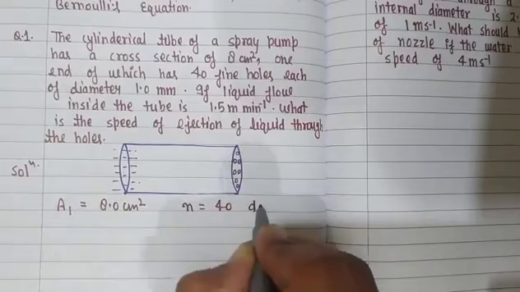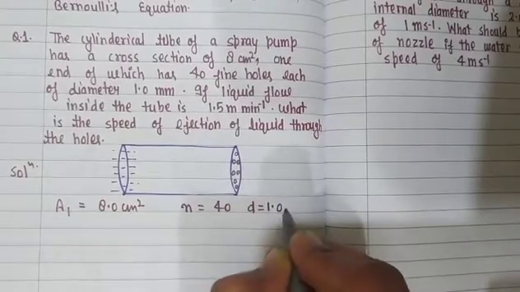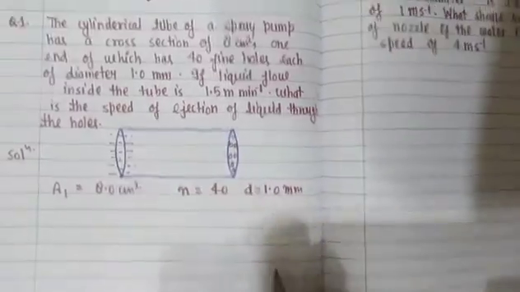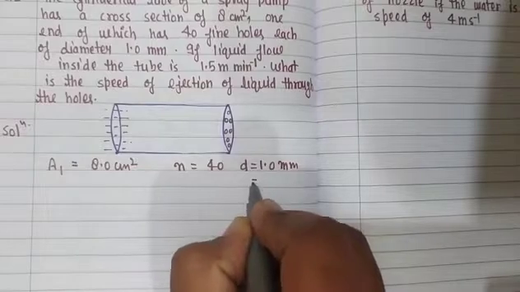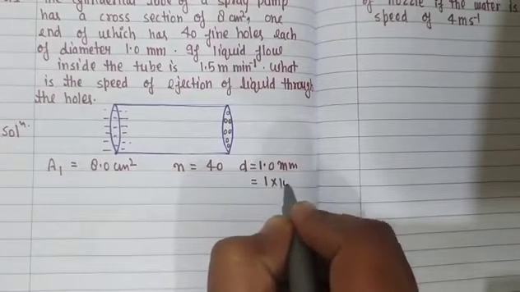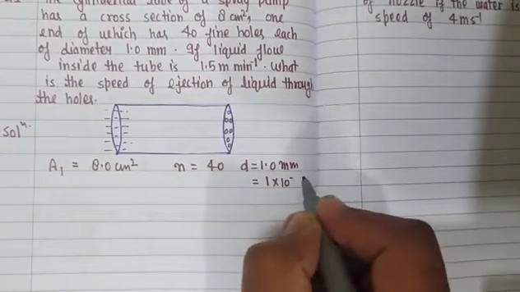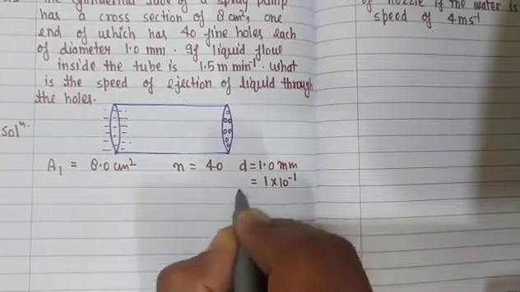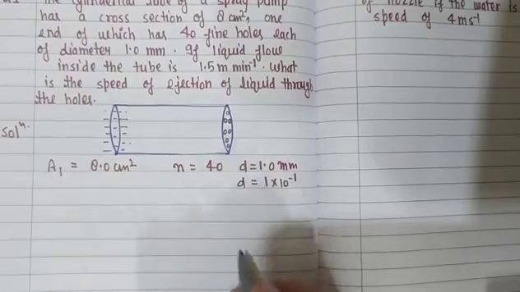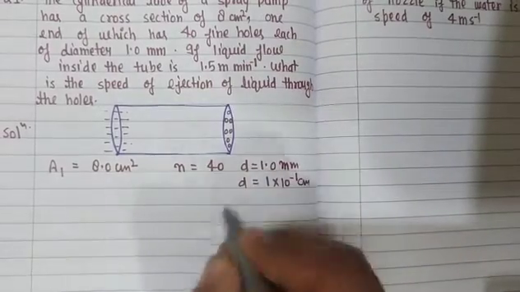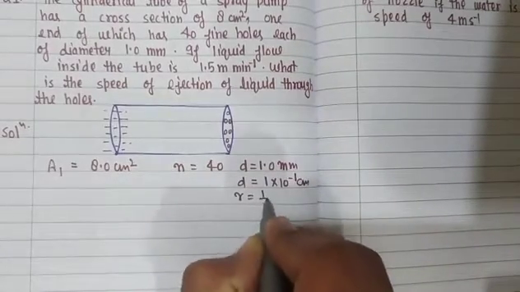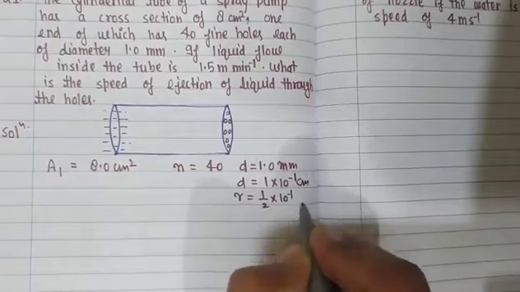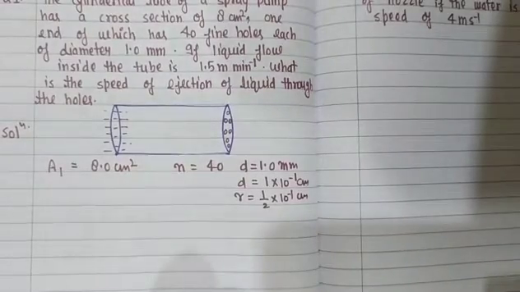So D is equal to 1 mm. So we can write it as 1 into 10 raised to the power minus 1 centimeter. So this is D, and radius will be equal to 1 by 2 into 10 raised to the power minus 1 centimeter.